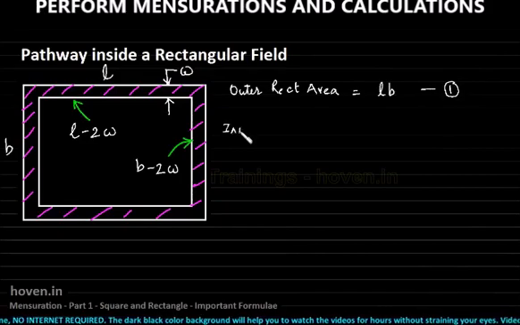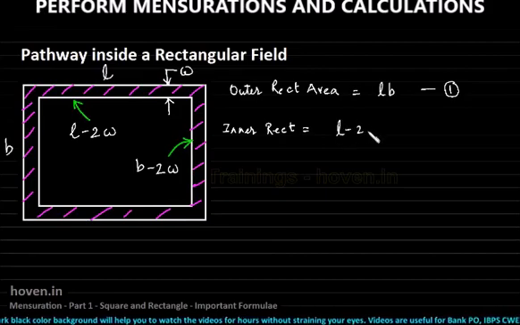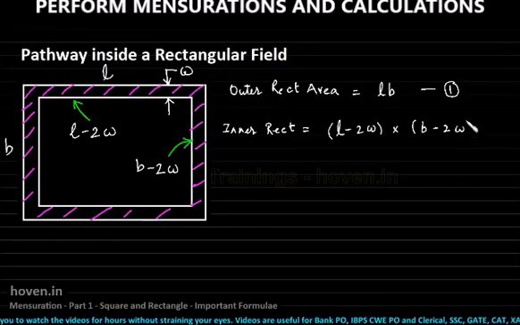And the inner rectangle would be equal to, length of that is L minus 2W into the breadth of that is B minus 2W.